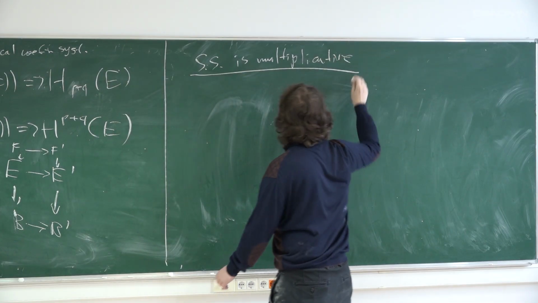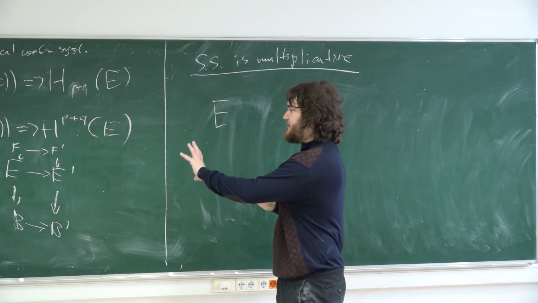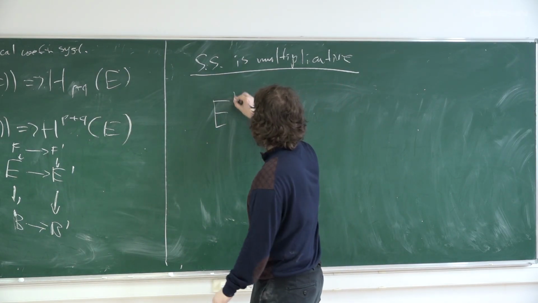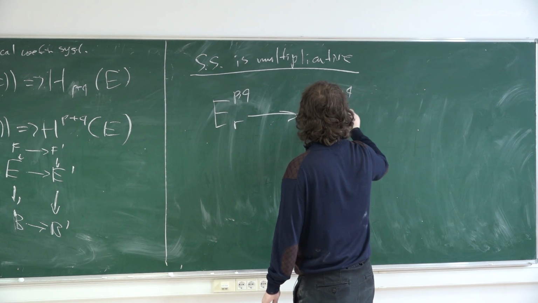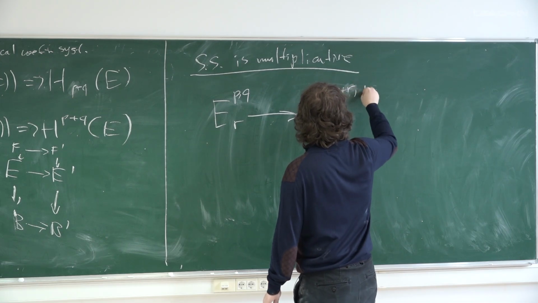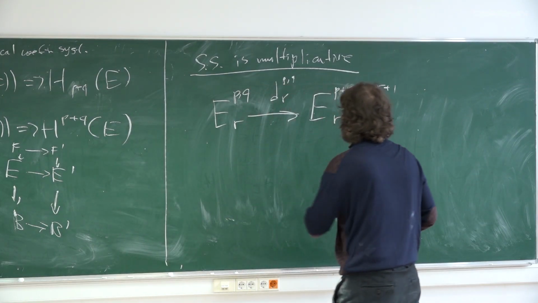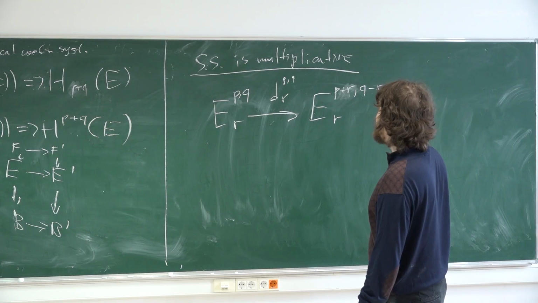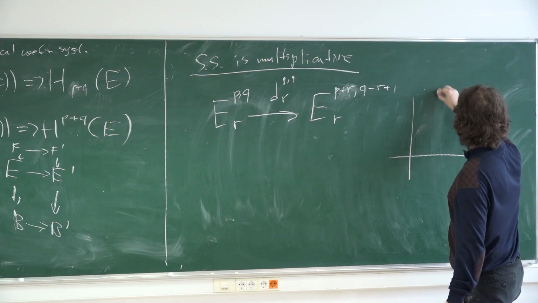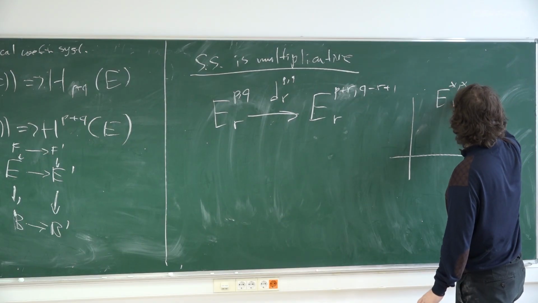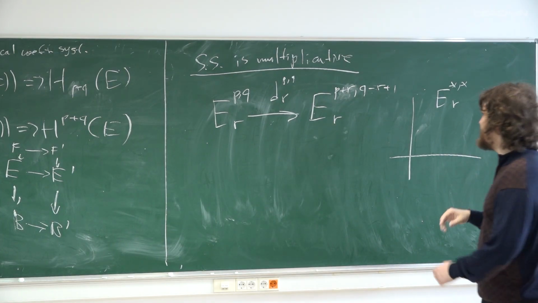A spectral sequence is multiplicative. What does it mean? You have a spectral sequence of homological type, for example, with differentials d^r going from E^r_{p,q} to E^r_{p-r,q+r-1}. It's multiplicative if each page is a bigraded object, a bigraded module, and this bigraded module is in fact a bigraded R-algebra.